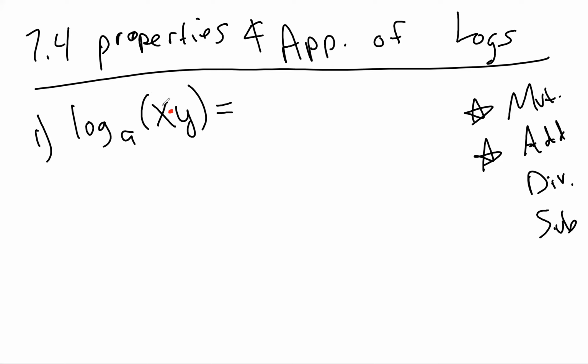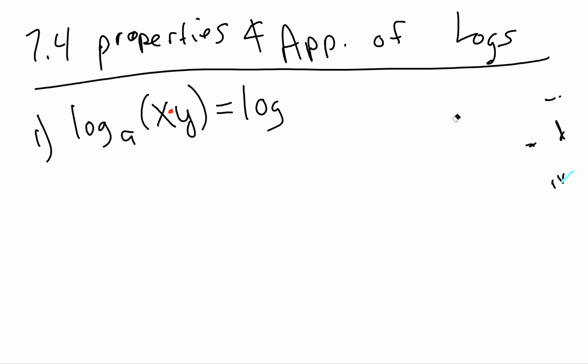So if we have log base A of something times something else, we're going to be able to rewrite this multiplication as log base A of x, which is the first thing that's being multiplied. And instead of multiplying, we're picking this thing apart by turning it into addition. And then we write log base A of y.